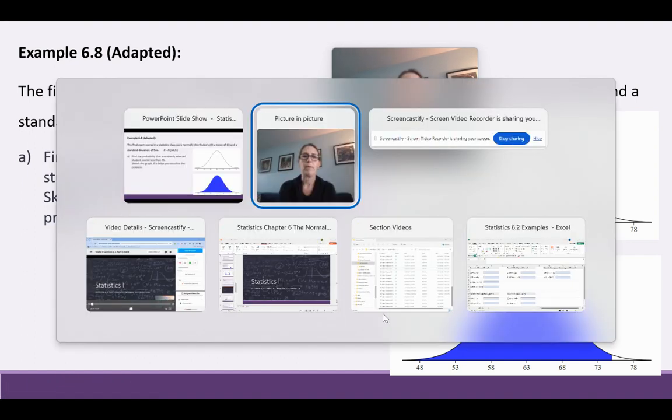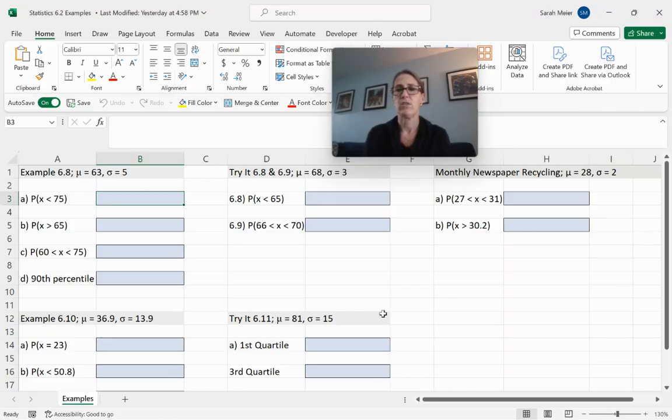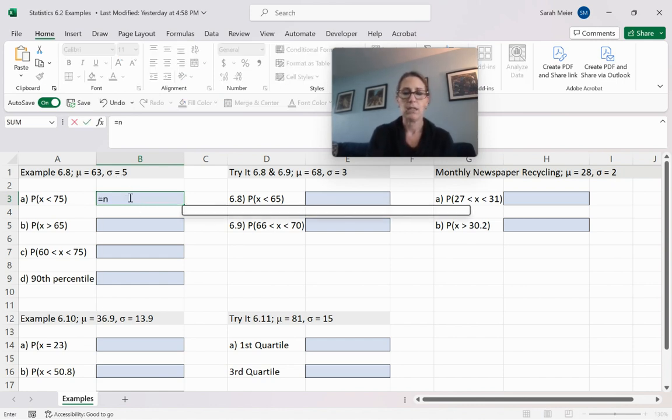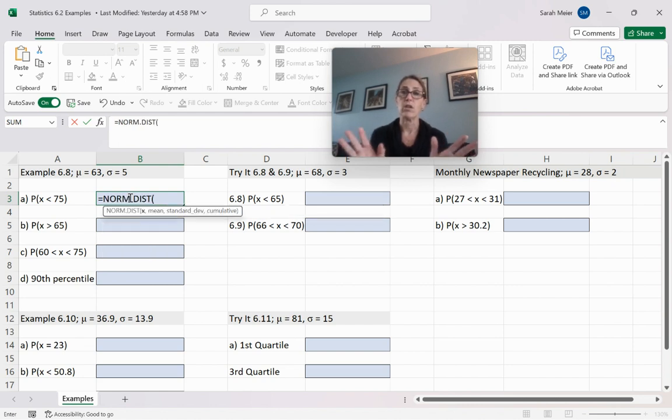So I'm going to pop over to my Excel sheet. Here's example 6.8. I have the mean and the sigma in here so we don't forget it. And I'm going to type in my normal distribution formula. Again, remember when you start typing it in, you'll have a lot of different options pop up. Make sure you pick the one that you want, okay?